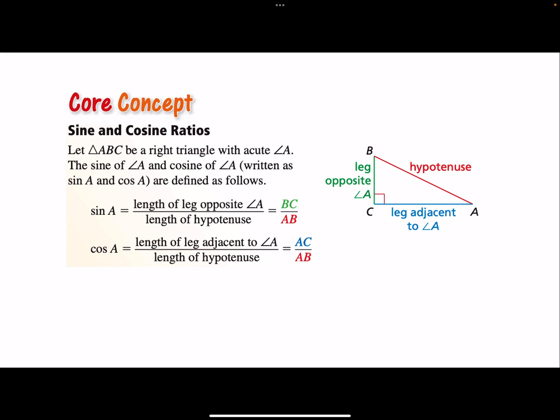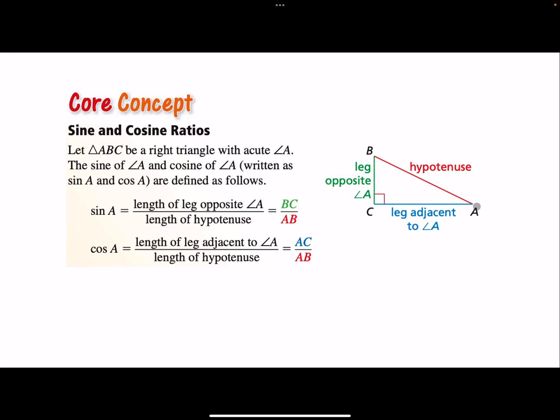Well, what was that acronym? SOHCAHTOA. CAH: the A stands for adjacent, and the H, which we just figured out earlier, represents the hypotenuse.